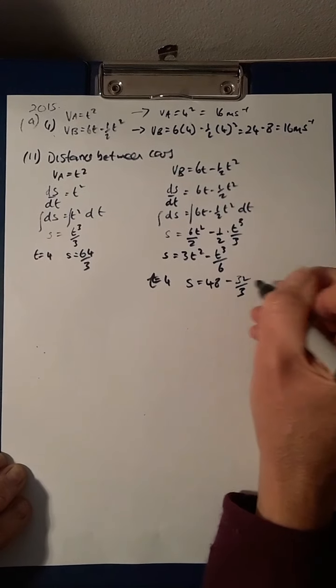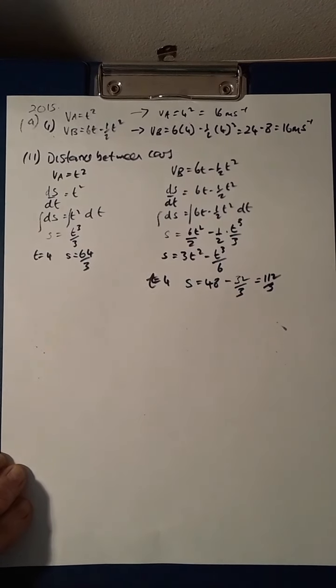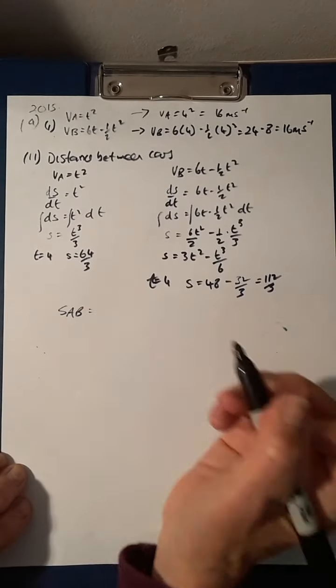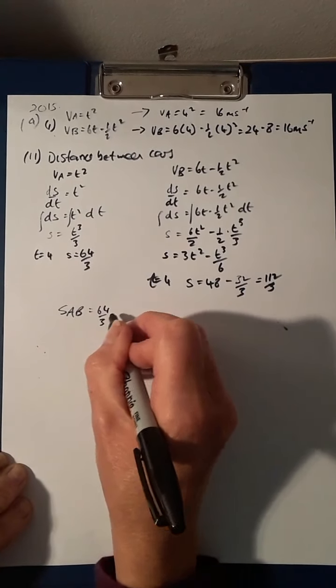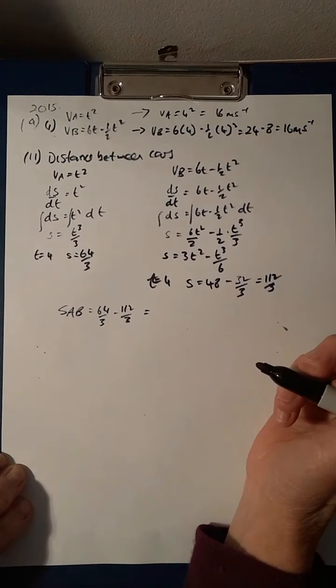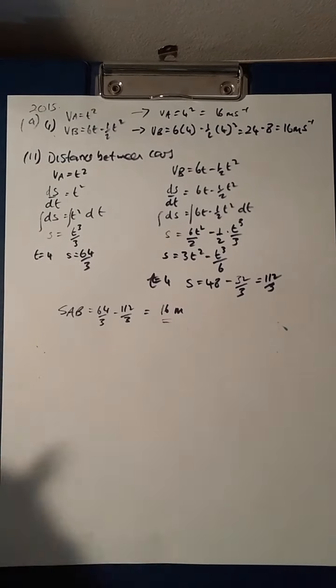Altogether, when I subtract those, I get 112 over 3. The distance between them, SAB, is going to be 64 over 3 minus 112 over 3, which of course gives me 16. So the distance between them is 16 meters.